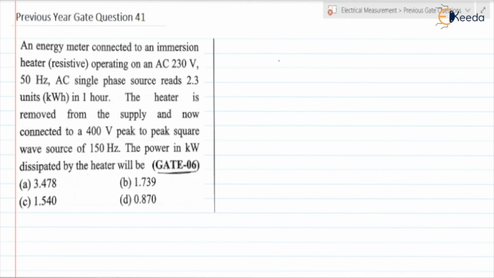So if you check, it is given that 2.3 units for 1 hour at 230 volt and 50 Hz. Okay, so we can write energy consumed or dissipated is equal to 2.3 kilowatt hour.